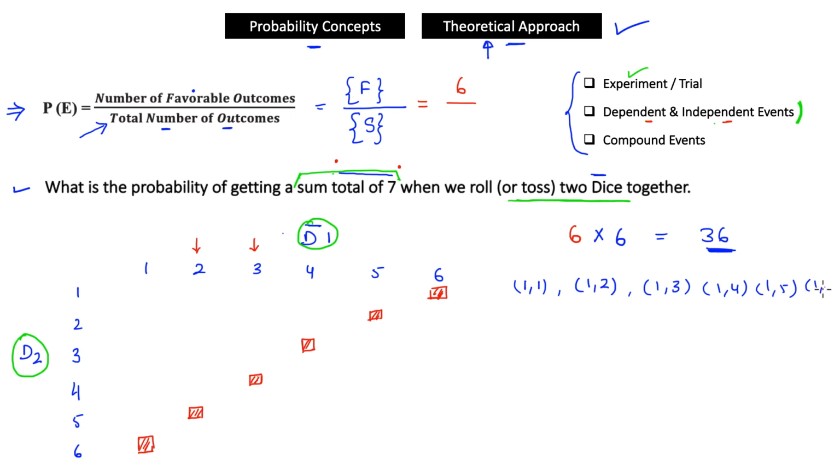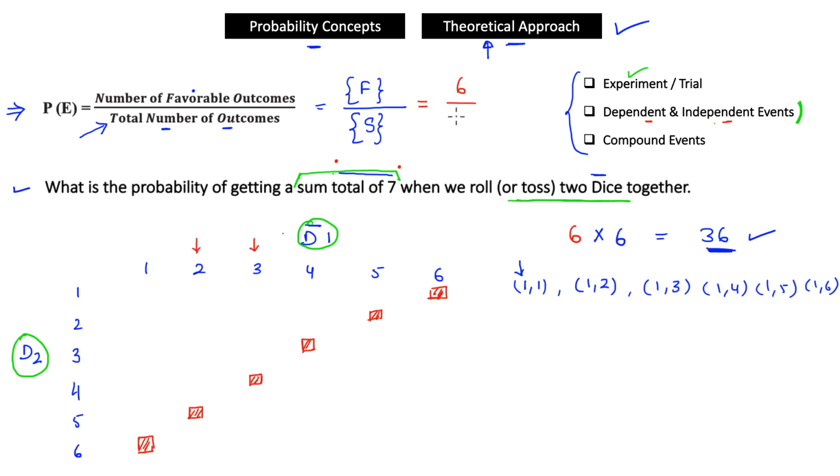Then you have 1 and 6. So you see, there are 6 possible combinations if your die 1 results in a 1, right? But if you were to adopt this method, it will take you forever to get to your count of the total number of all possible outcomes. Rather, we take a simple approach in which we simply multiply the space of all possible outcomes of the 2 events and then you get to your required number.